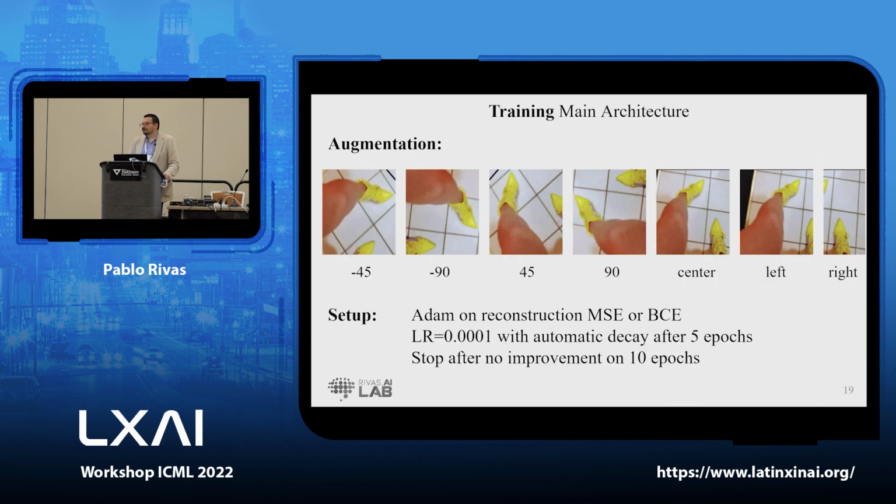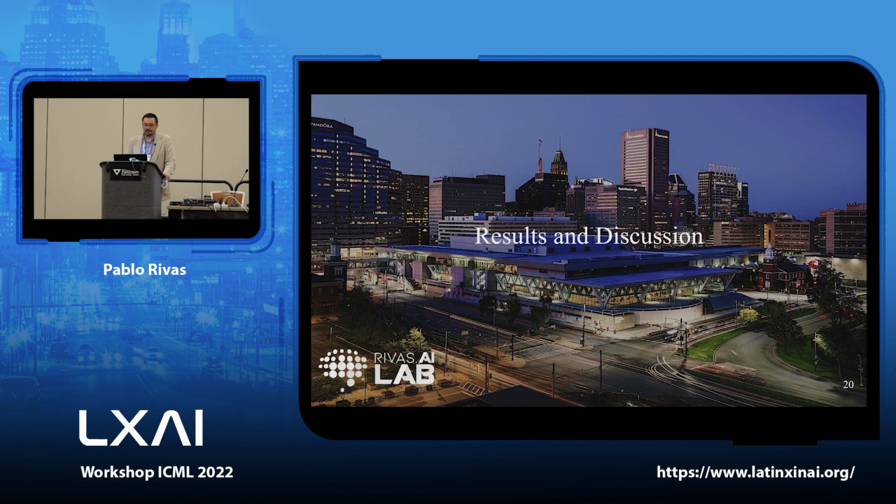During the training piece, we do the data augmentation, in which we vary the angle and the position of the picture. And we use the standard reconstruction losses, a mean square error loss or binary entropy losses, and standard learning rate and decay to stop training after no improvement for a while.